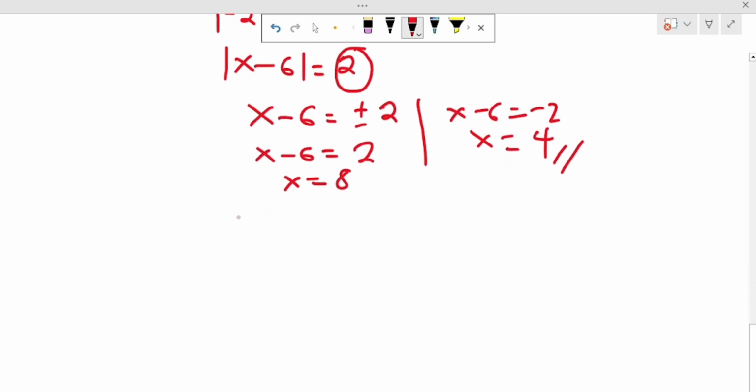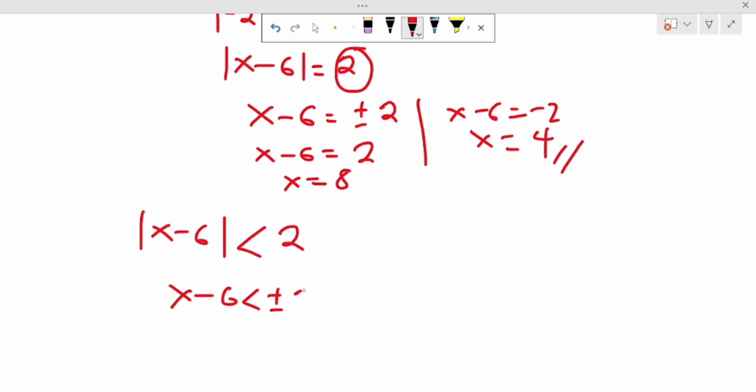So now let's do absolute values of inequalities. Let's say I have x, the same thing, absolute value of x minus 6 is less than 2, right? So for this, I'll say x minus 6 is less than plus or minus what? 2, right? Yes.